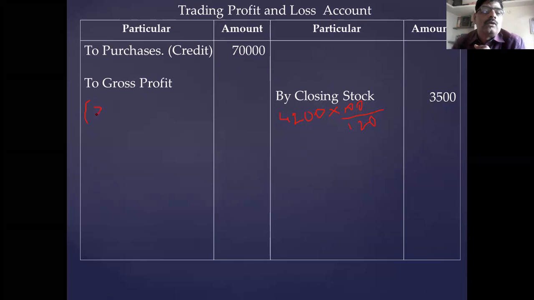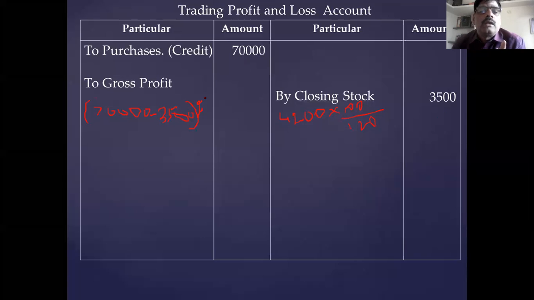Total is 70,000. Purchase minus 3,500. 3,500 is the closing stock. Out of 70,000, closing stock is 3,500. Means 70,000 is the purchase, 3,500 is the balance, sold value is this much.